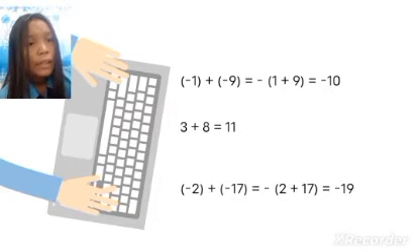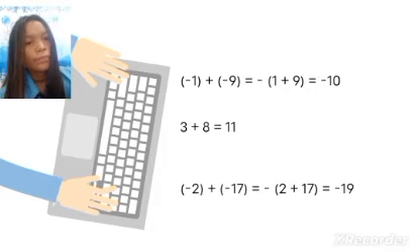Why negative 10? Because 1 plus 9 is equal to 10. So, the sign of that is negative and the operation is positive.